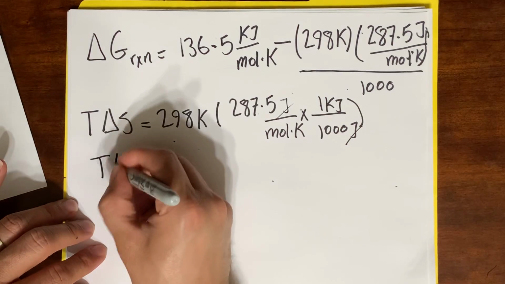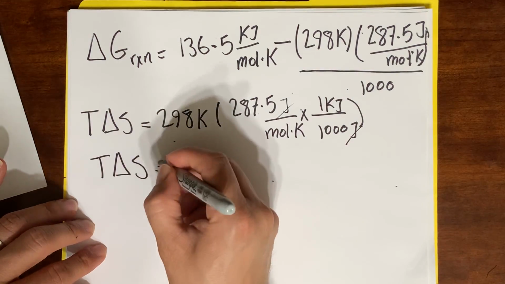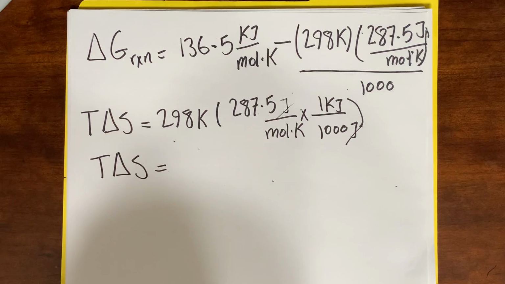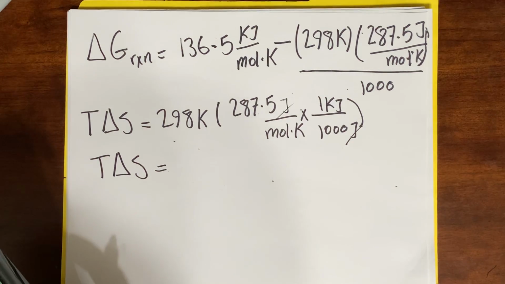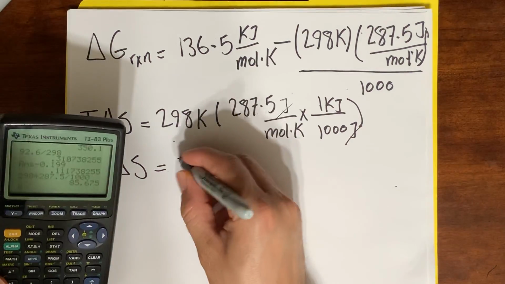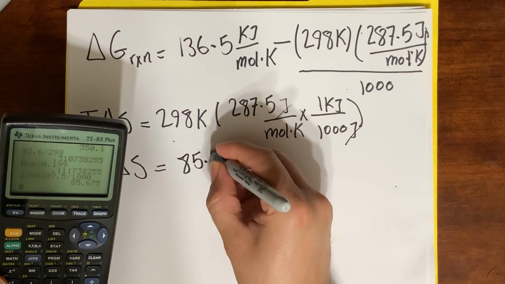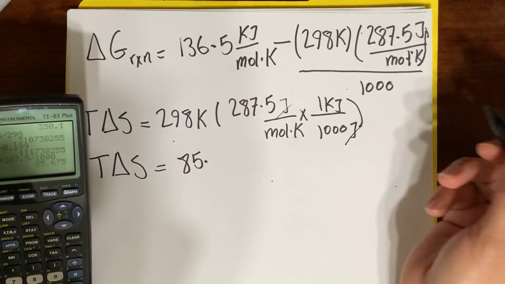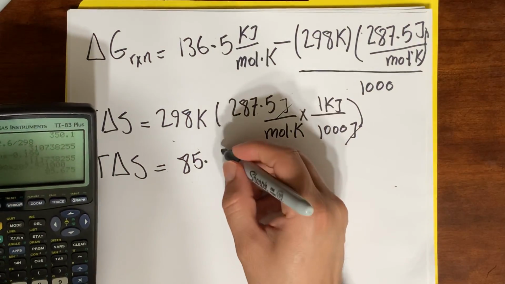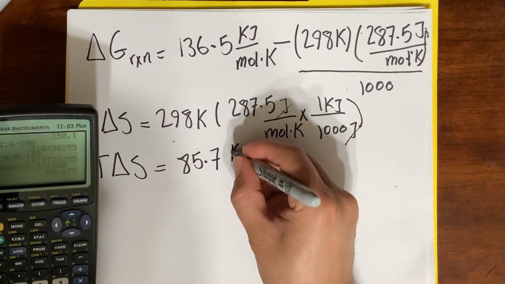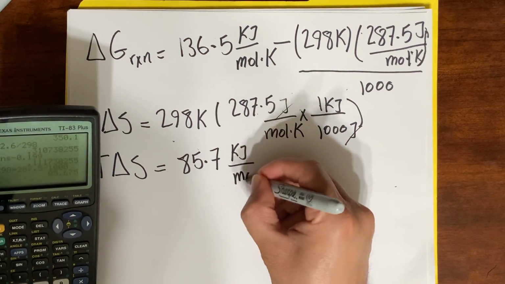So T delta S is 298 multiply 287.5 divided by 1,000. That's going to be 85.7 kilojoule over mole.